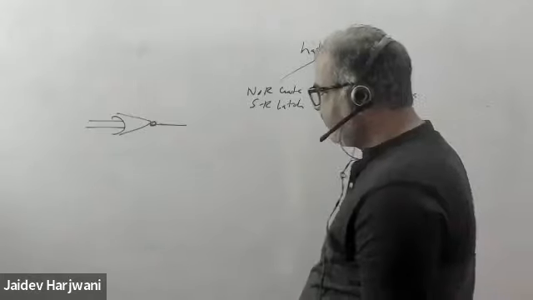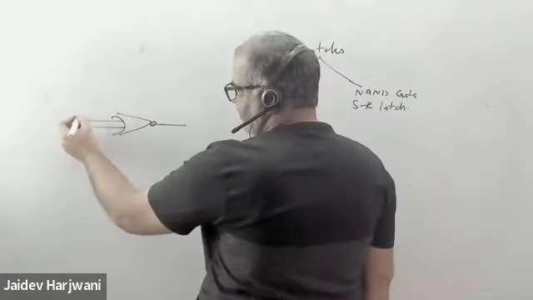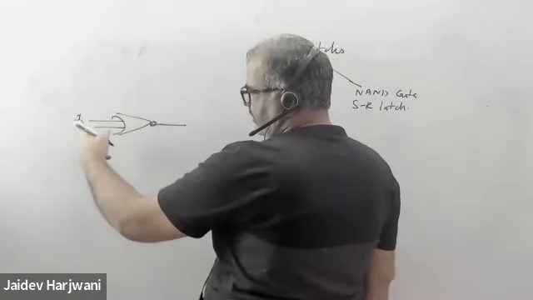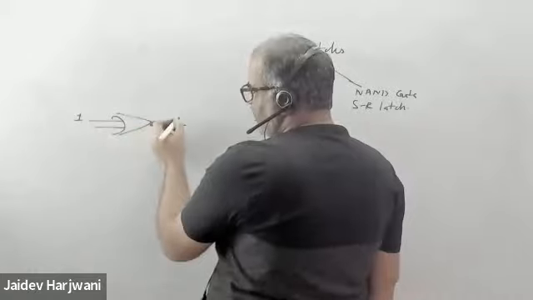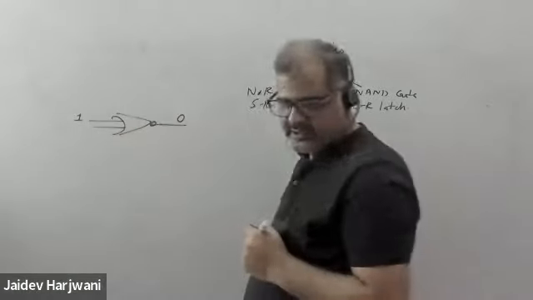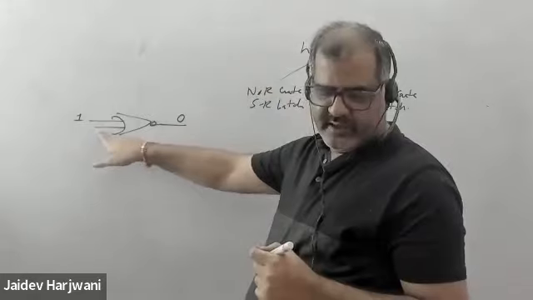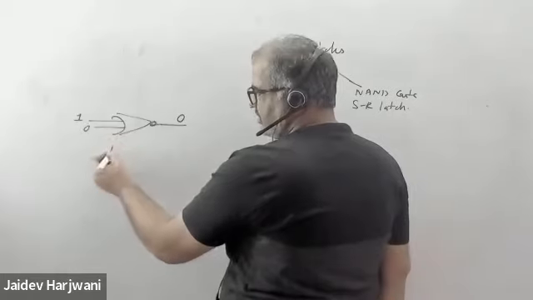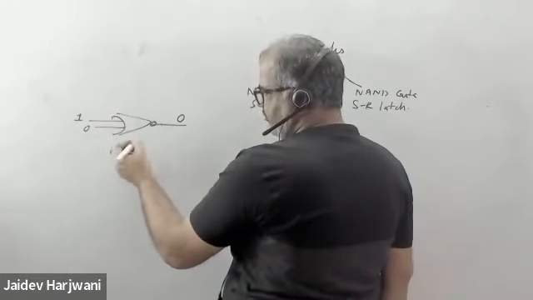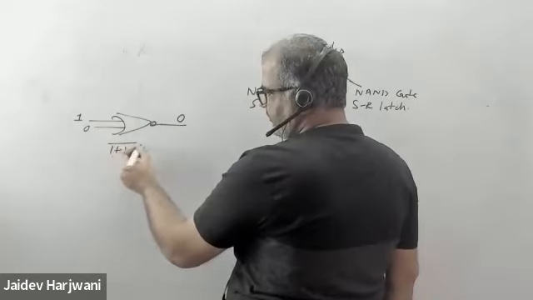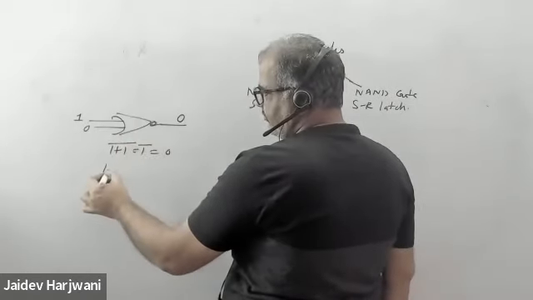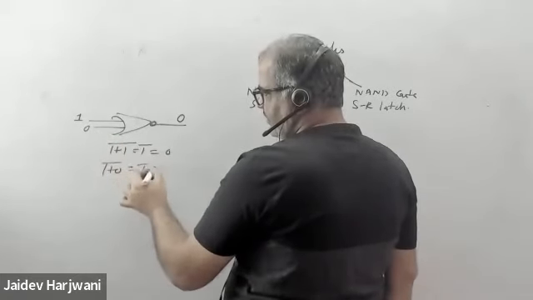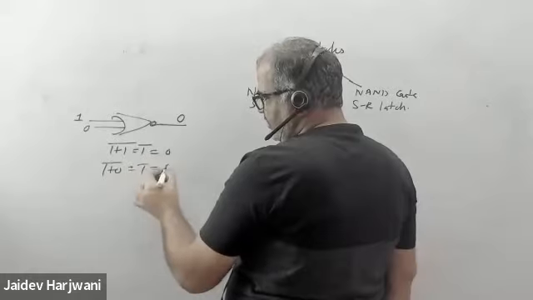Whenever one input is 1 in a NOR gate, the output automatically becomes 0, isn't it? So the value of the other input doesn't matter. Suppose the other is 0, then 1 plus 0 is 1, and the complemented output is 0. Even if the other input is 1, then also 1 plus 1 is 1, and your output is 0.